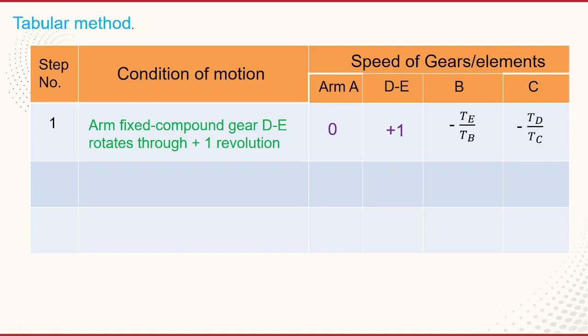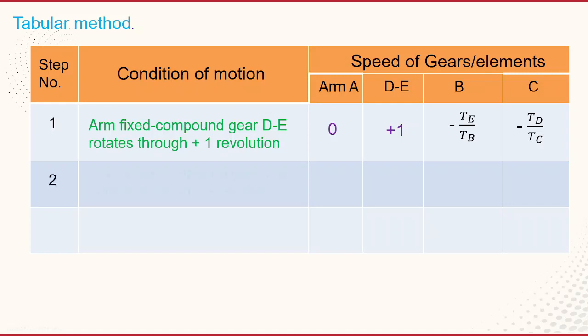C is meshing with D, so these are also rotating in opposite directions, so negative sign, minus TD by TC. So this is the first row. Step number 1: arm fixed, compound gear DE rotates through plus 1 revolution. According to this condition of motion, we determine the speeds of all the elements, obtained here.